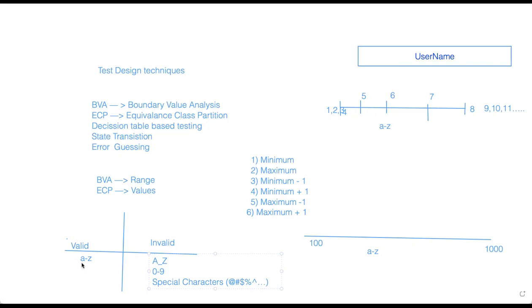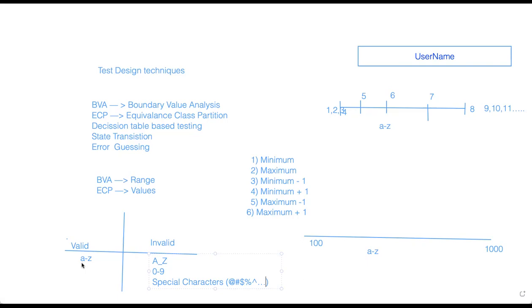So whenever you see text boxes, you should apply both BVA and ECP techniques. In BVA, we have 6 partitions, and in ECP, we have only 2 partitions: valid and invalid. The 6 parameters in BVA are minimum, maximum, minimum minus 1, minimum plus 1, maximum minus 1, maximum plus 1.